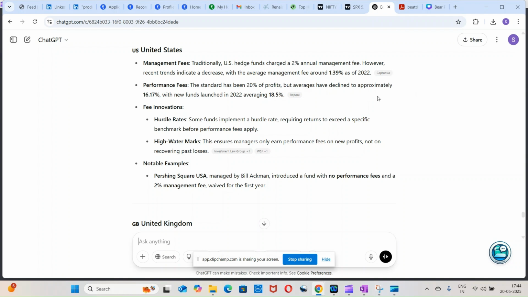So this high watermark of 100 is marked here. You won't get money to recover it from 20 to 100 again, but you will get money once you take it from 100 to 200. For this, again you will get a performance fee. That's what a high watermark is. That is one of the ways performance fees are charged: hurdle rates and high watermarks. So the hedge fund managers will only earn performance fees on new profits, not on recovering past losses.